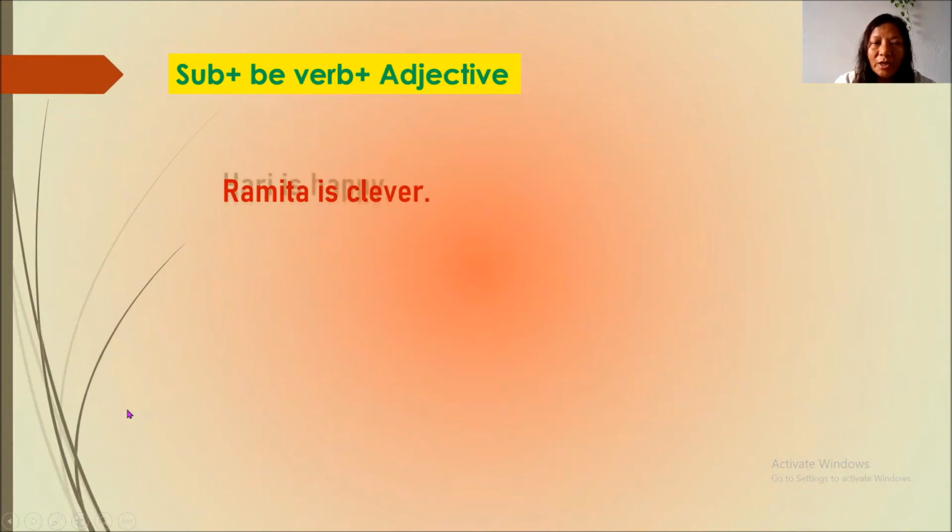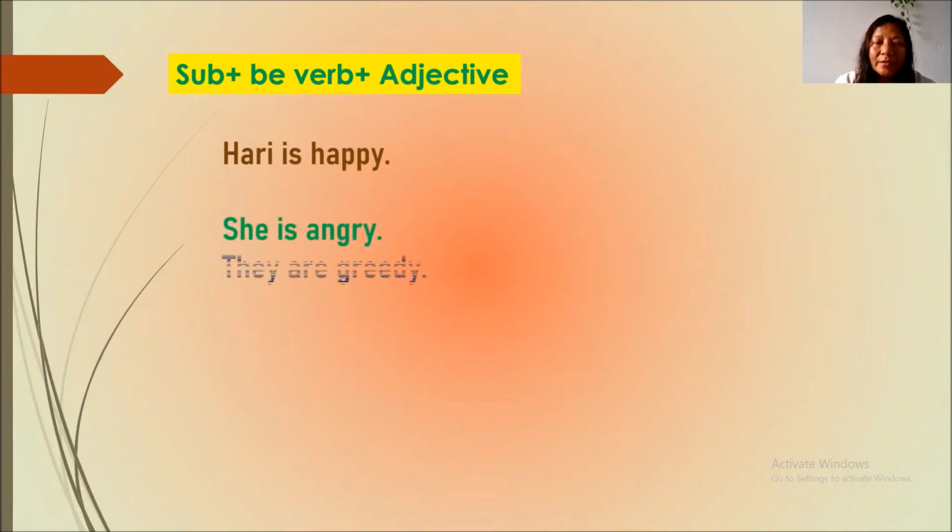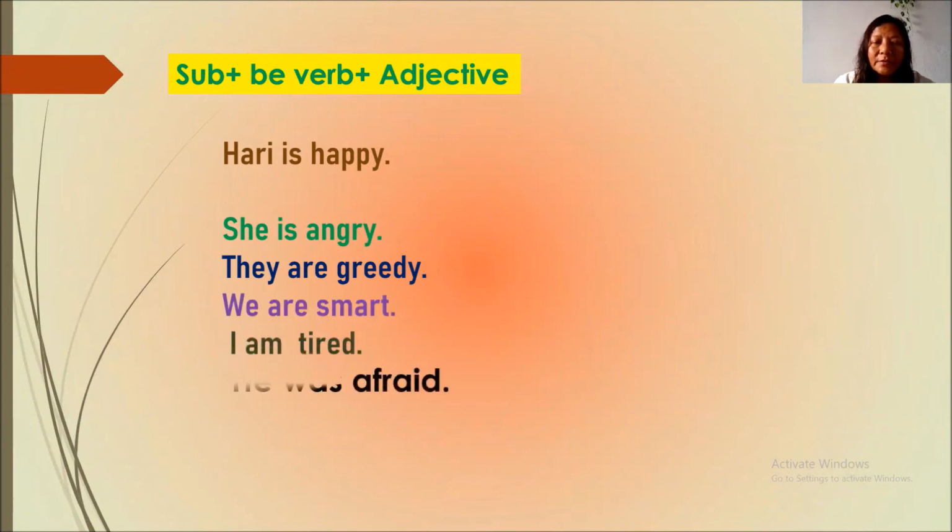For example, Ramita is clever, Hari is happy, she is angry, they are greedy, we are smart, I'm tired, he was afraid. So happy, angry, greedy are adjectives. An adjective tells something about a noun. Hari is happy.